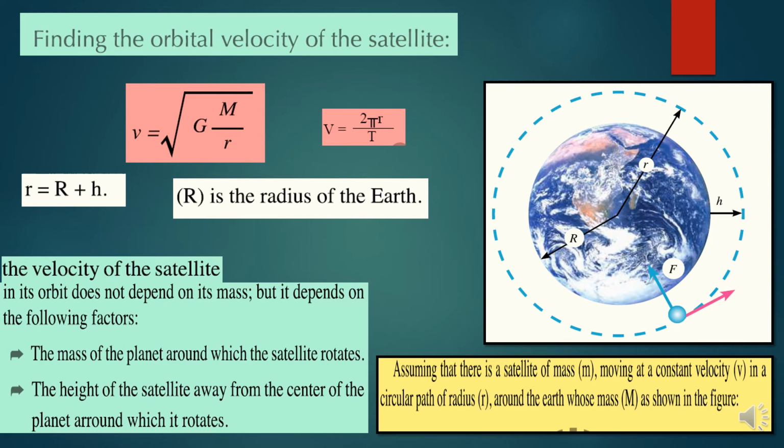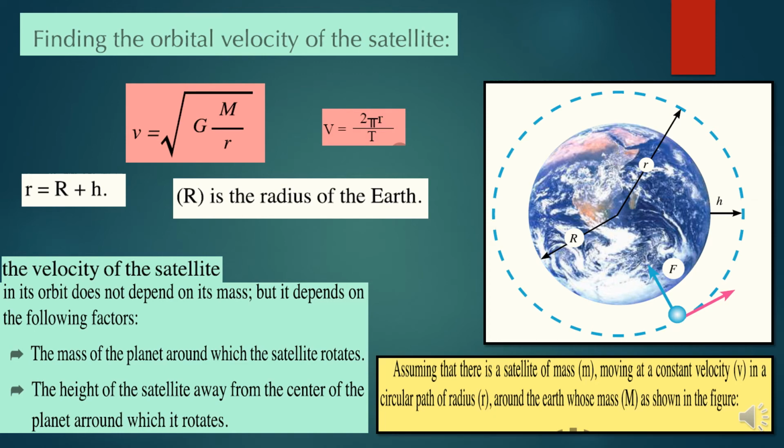So r equals R, the radius of the Earth or radius of any planet, plus the height of the satellite. Also, there is another law to find velocity, 2 pi r over T.